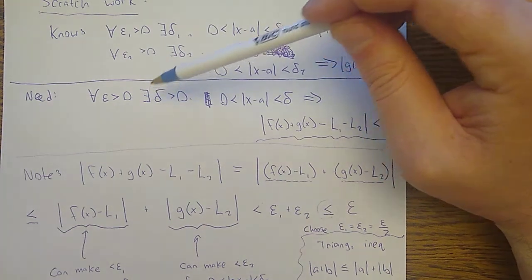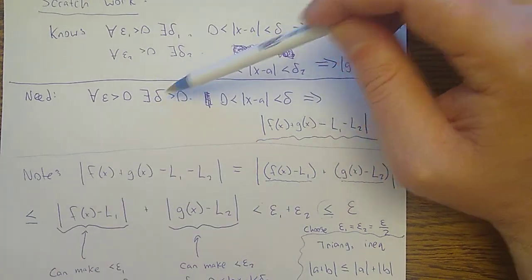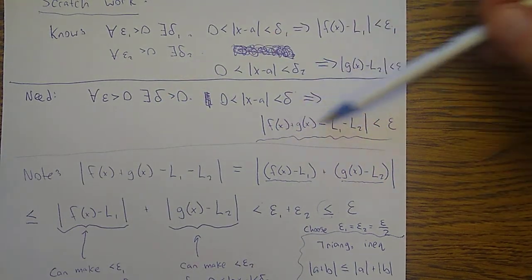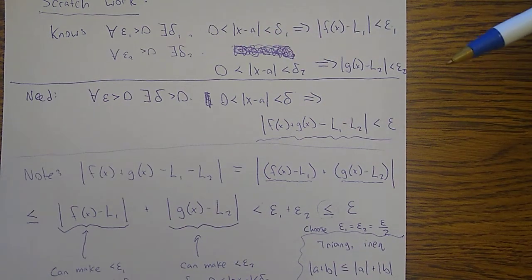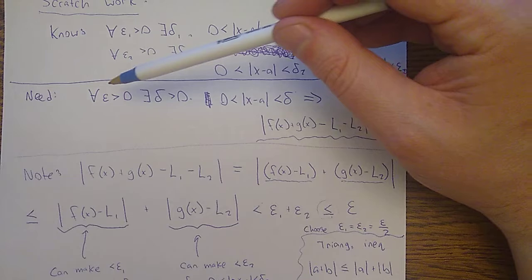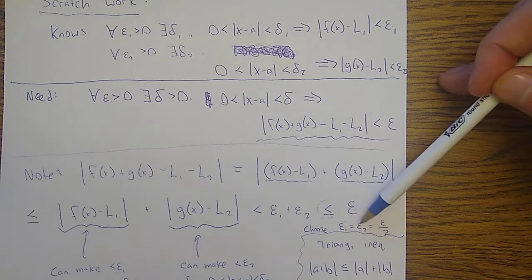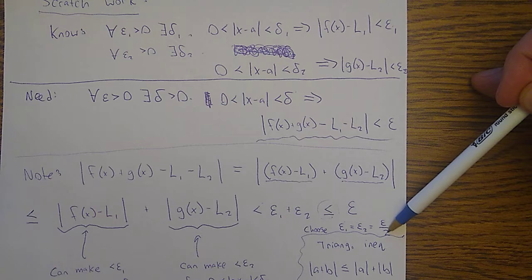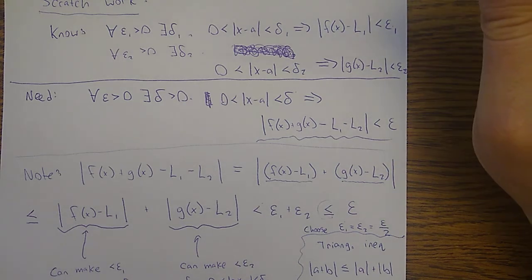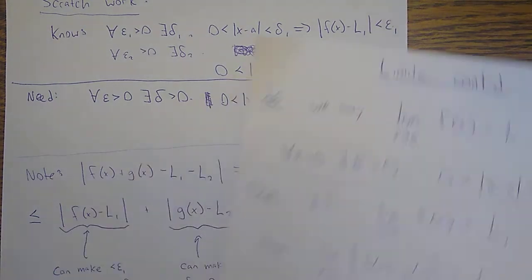And in the end, I have to show the existence of a delta such that this implies this about whatever the value of epsilon was. So I'm going to start a proof that way. I'm going to say let epsilon be greater than 0. And then I'm going to define these numbers epsilon 1 and epsilon 2, and those are going to be that number epsilon, half of it. And then I'm going to make these statements. So why don't I quit talking and start writing?